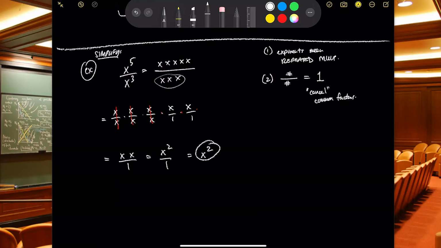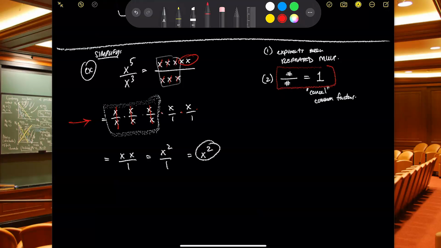So 3 of those times get balanced out between the ratio of the top and the bottom. Algebraically, we see that means we get 3 factors of 1 here. And that's why you see people do this cancel maneuver and then show what we're left with. This is fine to do as long as you realize that this is really what's happening. We have a number over itself, and that always reduces to 1.